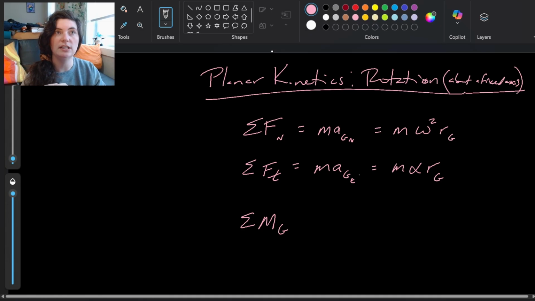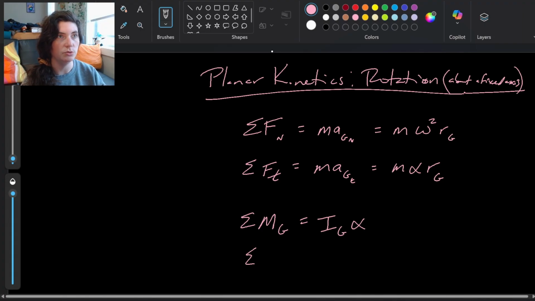For rotation, now we do have that alpha, that angular acceleration, so our sum of moments about the center of mass equals our moment of inertia about the center of mass, IG, times alpha. And alpha is that angular acceleration that we've worked with before. So this is one of the possible moment equations we could use.